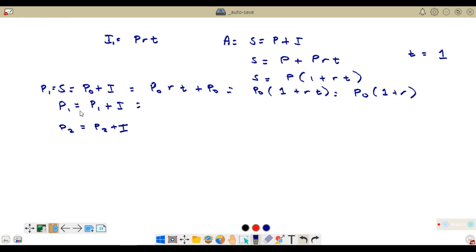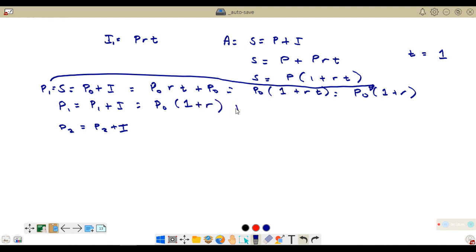Yan. So, dito, si P sub 2 ay equal kay P sub 1 plus I, which is equal to P sub 0 times 1 plus R plus yung interest natin ulit. Ano yung magiging interest natin dito?